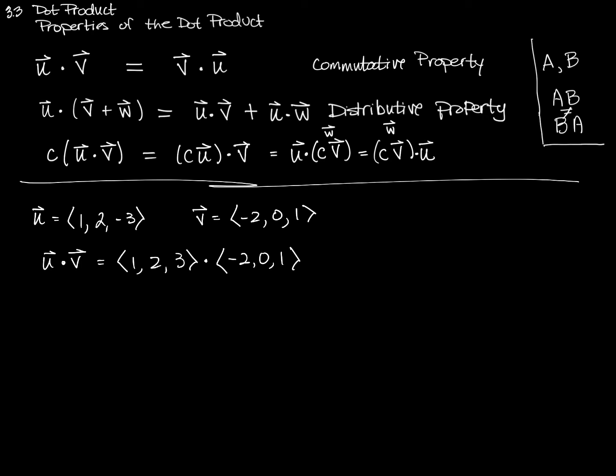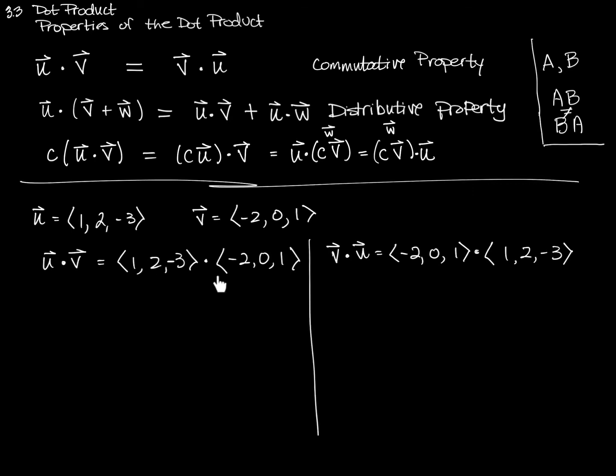On the other hand, v dotted with u will be -2, 0, 1, dotted with 1, 2, -3. I left a negative off back here. I'll fix that real quick.